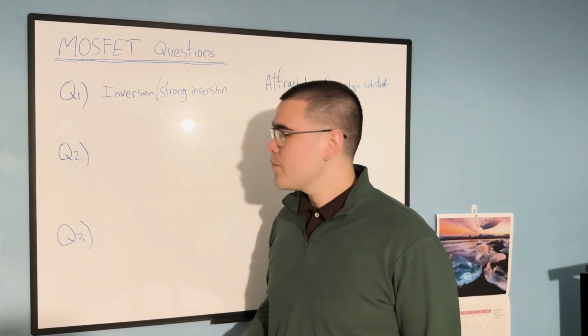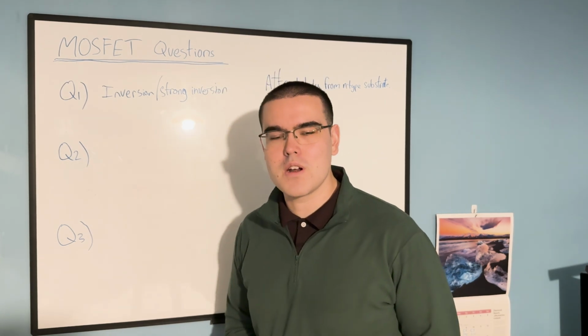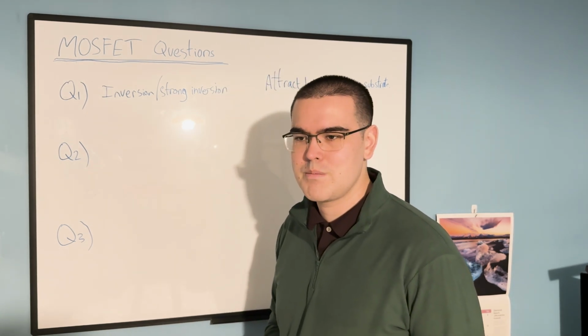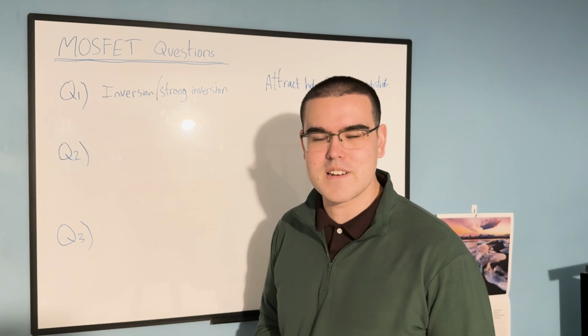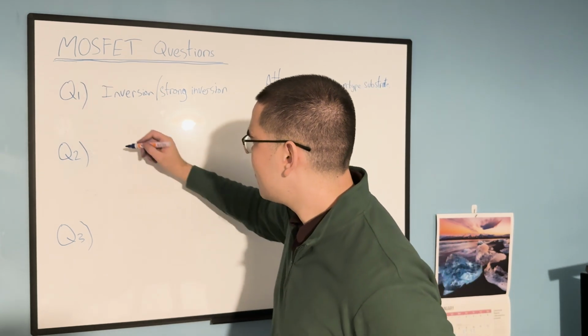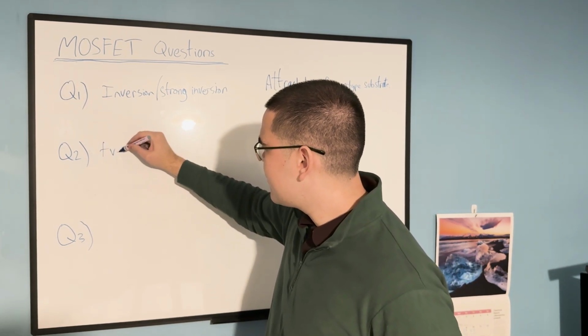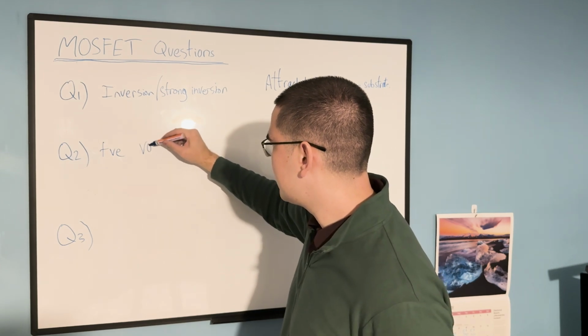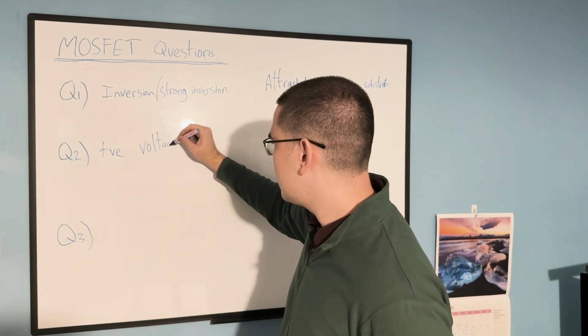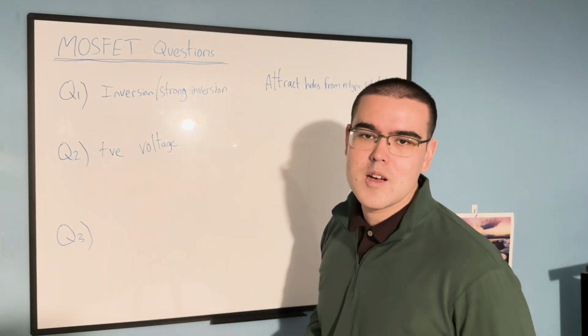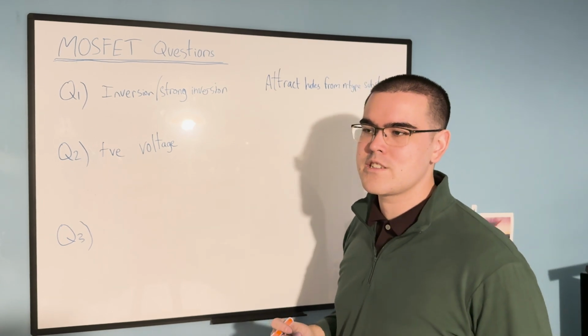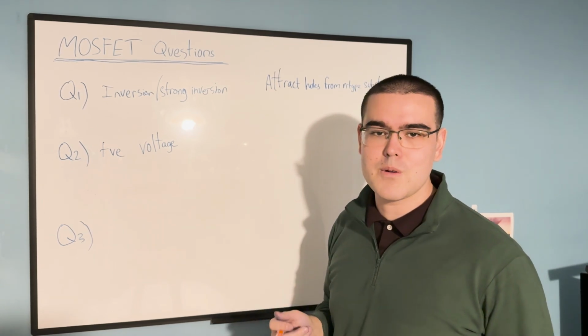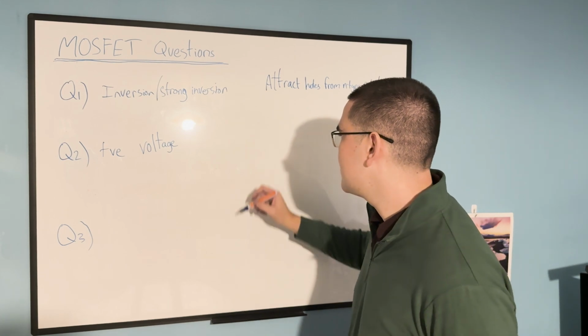For question 2, what would the gate voltage polarity be for a p-channel MOSFET in accumulation, and why? Positive voltage. Why? Because in accumulation, we attract the majority carrier of the substrate.